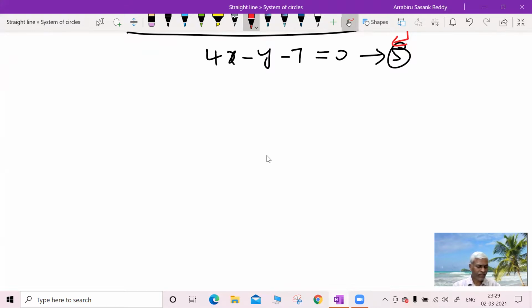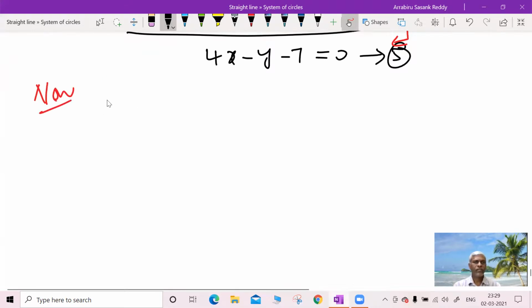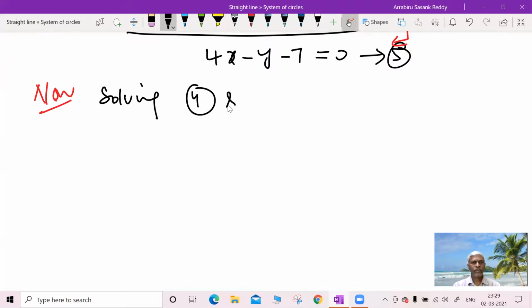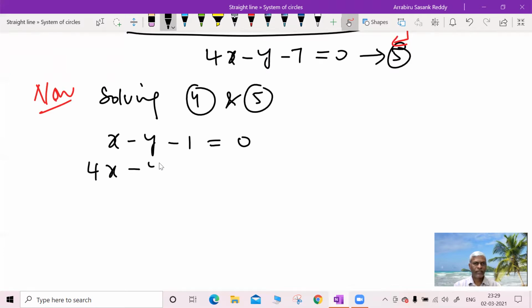Fourth equation, x minus y minus 1. Now solving 4 and 5: x minus y minus 1, fourth equation, 4x minus y minus 7.